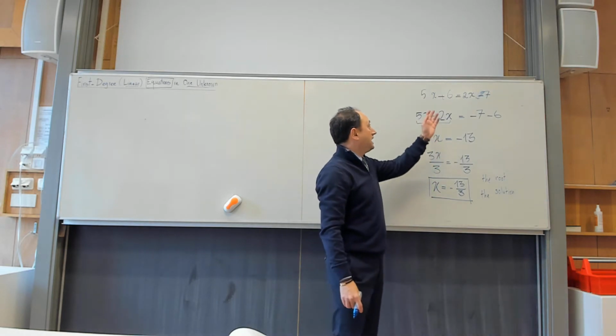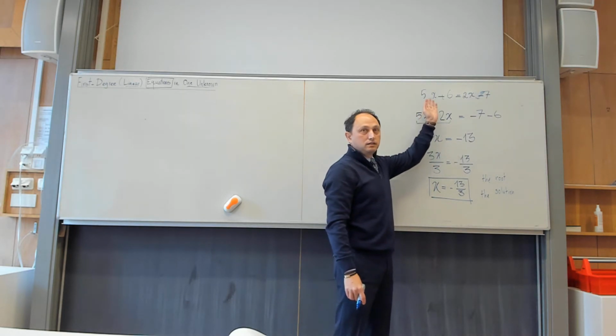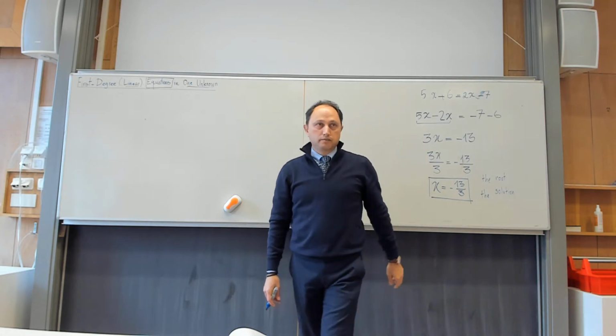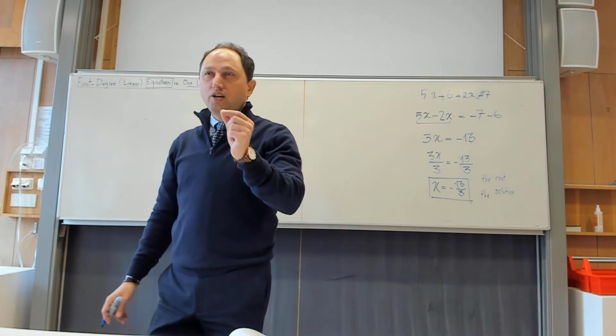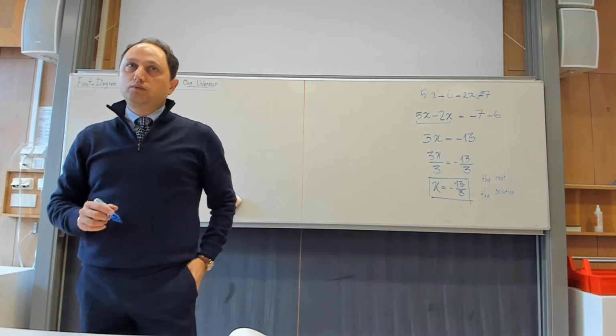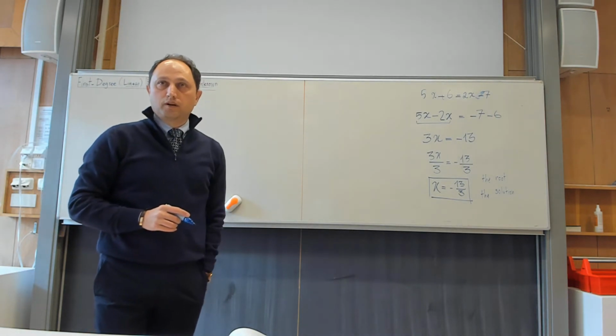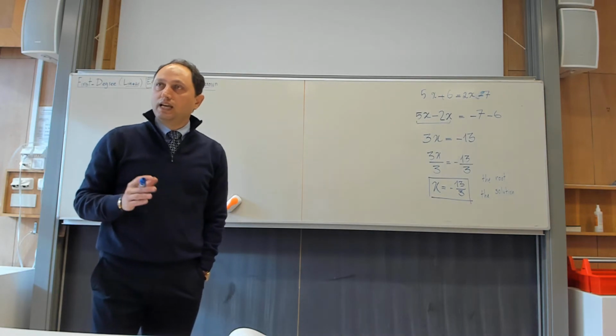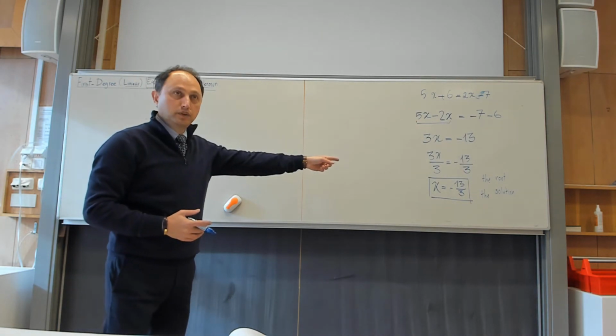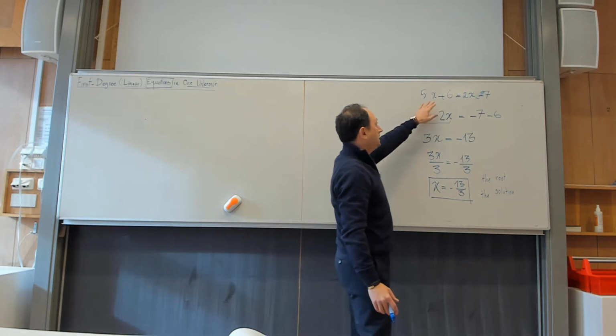If you replace x, the right-hand side and the left-hand side are equal. They are equal, yes. And if I want to emphasize a little bit more, even though you use the word they, that was correct, I would say that this is the only number with that property. So you cannot find any other number except that number, so that when you replace it here and here, they become equal.